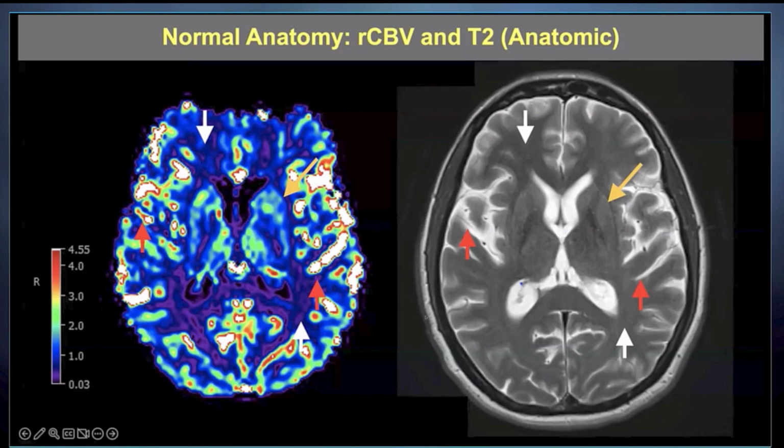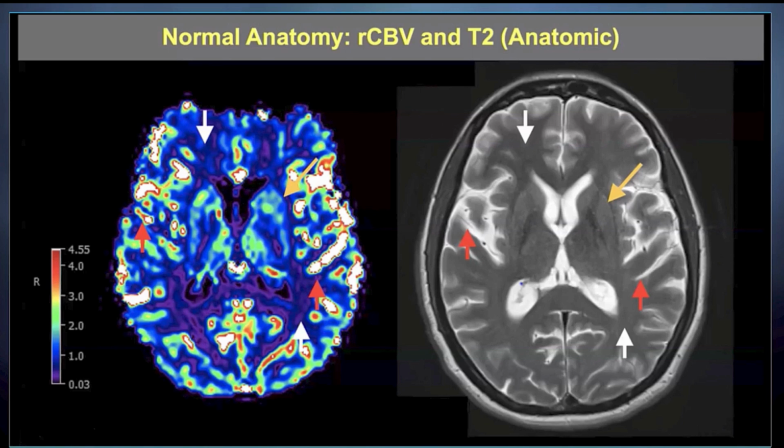And then the final normal structure that I wanted to point out that could, again, be a tumor mimic is the actual cortex, or areas along the sulci. And the reason why these show elevated rCBV, you can see here that it's essentially white hot. It's off the scale because relative cerebral blood volume is really high in these areas. And the reason is that you have these cortical surface vessels.